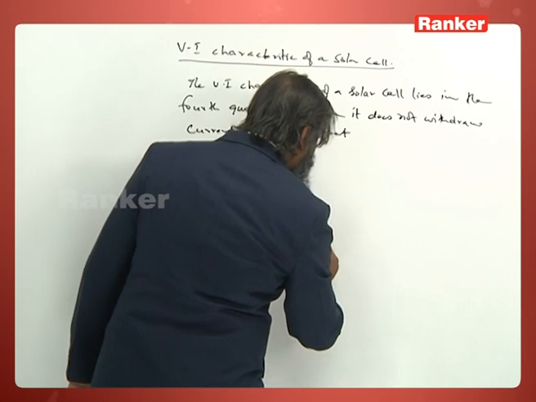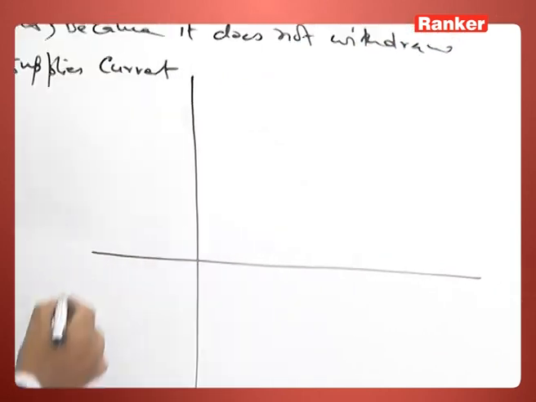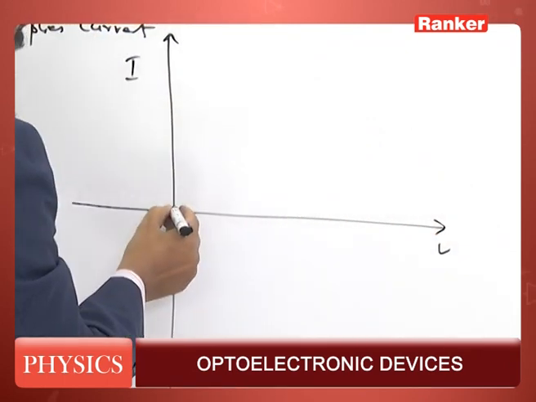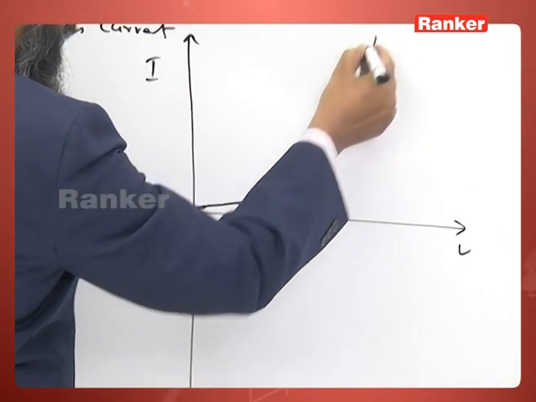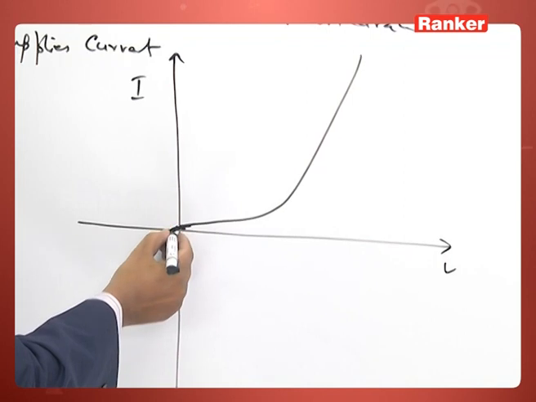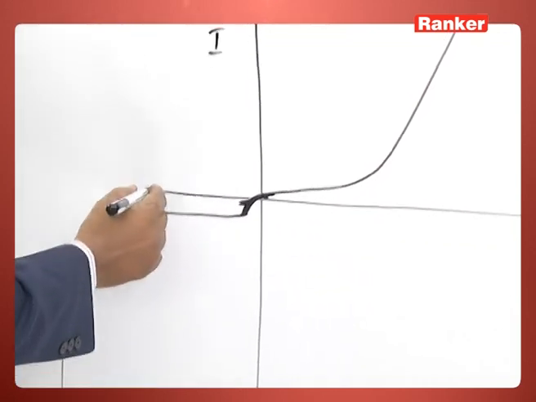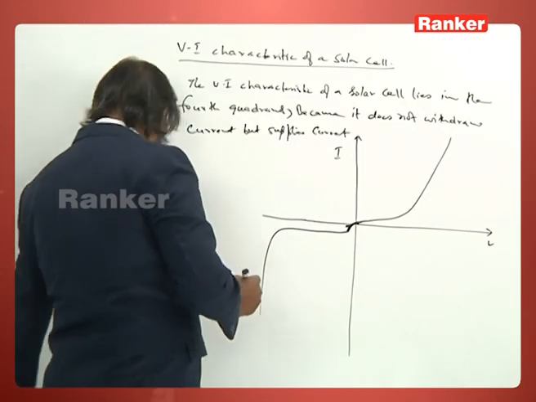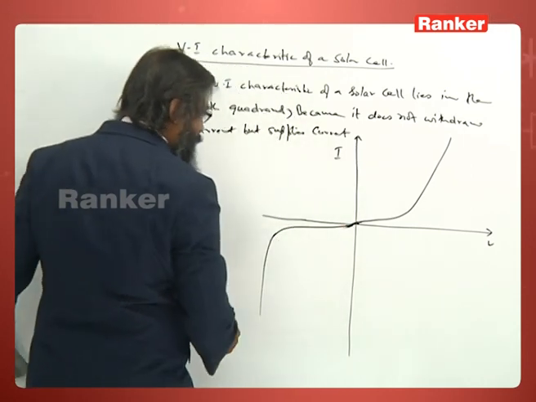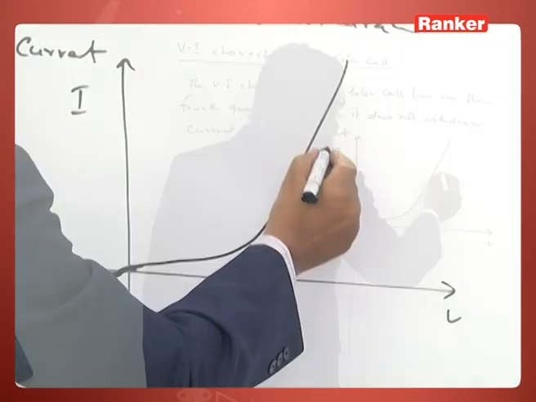So, you see, this is the plot I am going to draw here, and this is the current and this is my voltage. So my graph should be actually something like this, and then something like this. The reverse quantity is very small, so just show it to be here like this. So this is the VI characteristic when it is dark.